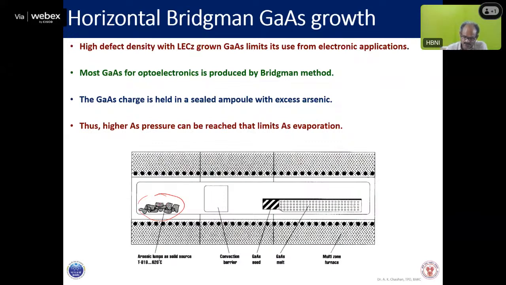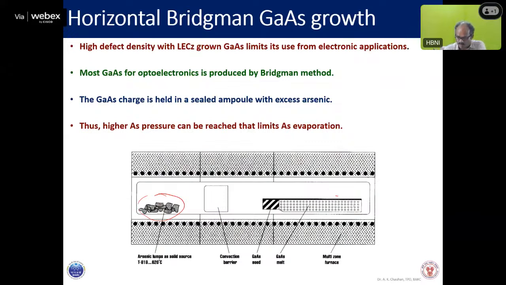They are solid. Then you start raising the temperature, the arsenic will start evaporating and become vapor, and then it comes here, and then your crystal is grown.